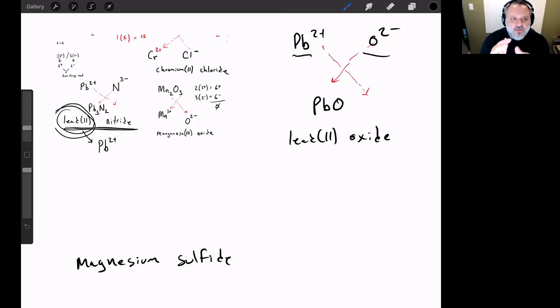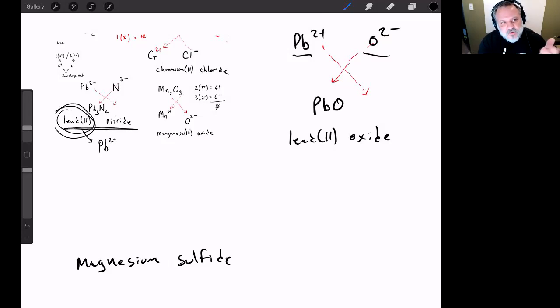So the lowest whole number ratio is how you express the formula for ionic compounds. And we'll talk about that in a second. It's really always the empirical formula. We'll talk about that in the next section. But this is where the cross-down method, just following it blindly, will get you into some trouble. And so I just want to make sure that we're aware of this instance.